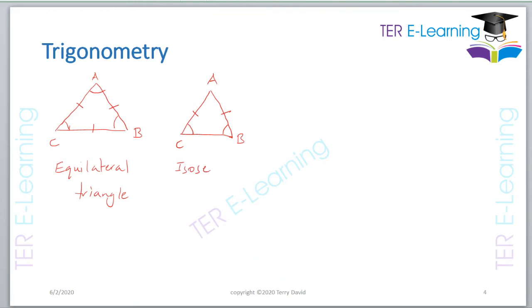So this second triangle here, it's an isosceles, I-S-O-S-C-E-L-E-S. So this is an isosceles triangle. Then we have a triangle that looks like this, where one angle is 90 degrees.